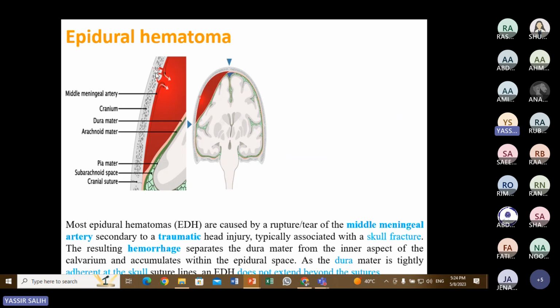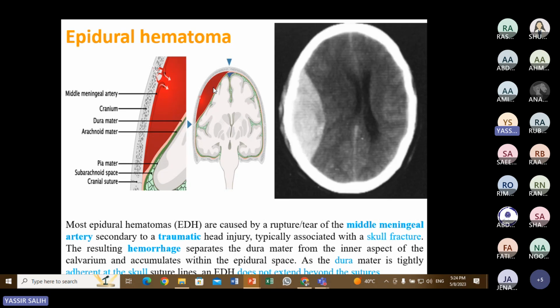You can see there is a fracture in the skull, causing bleeding from the middle meningeal artery, which appears as biconvex, and this blood accumulates in between the calvarial bone and dura mater. So it occupies the extradural or epidural space.